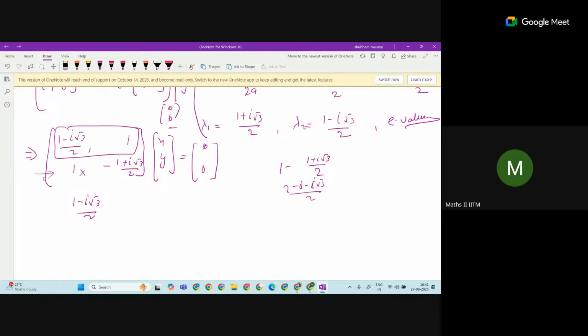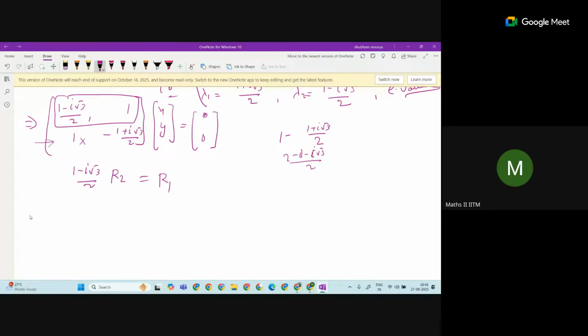If you multiply row 2 by this one, you will get row 1. This is just an observation.